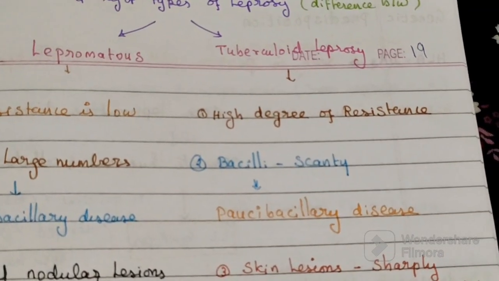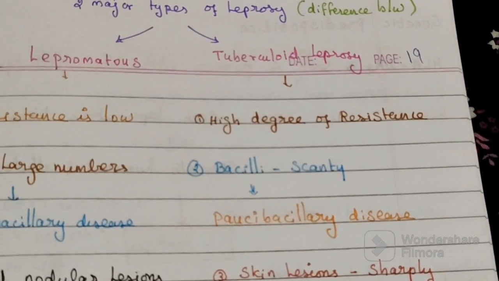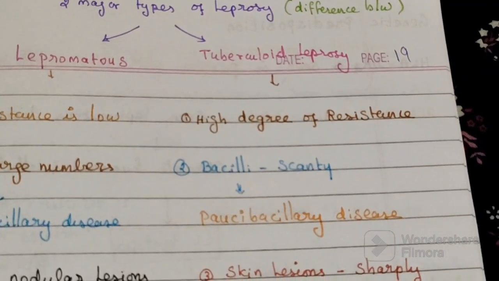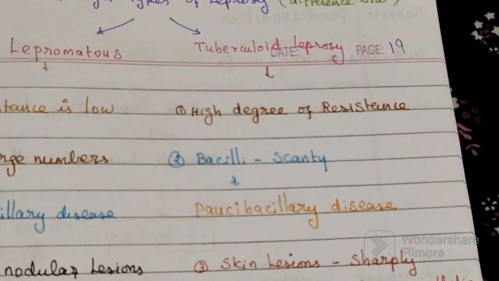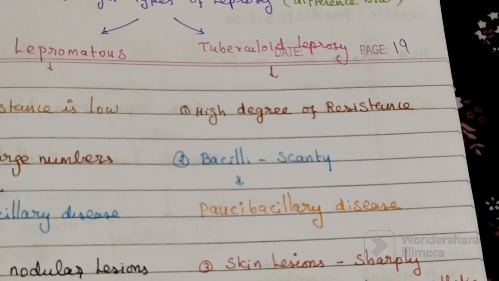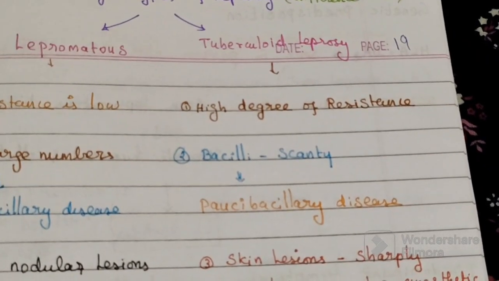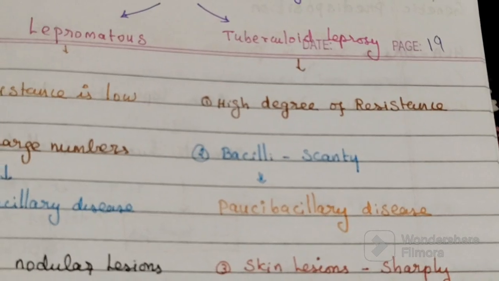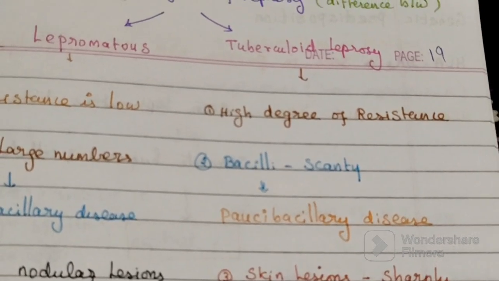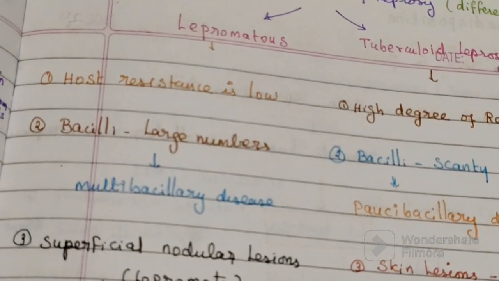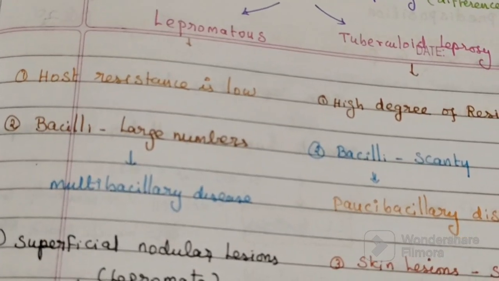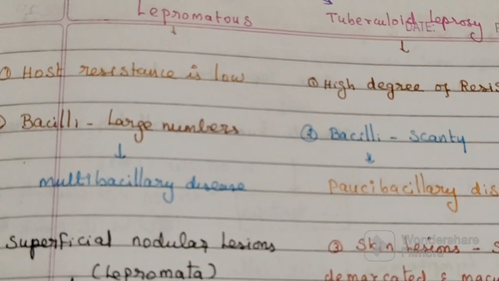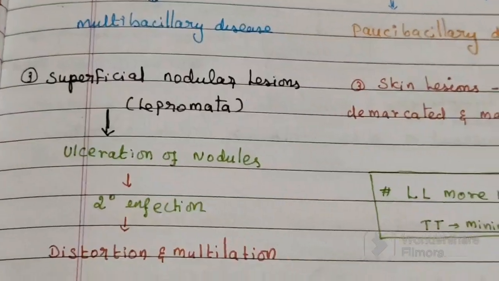In tuberculoid leprosy, there is a high degree of resistance. The bacilli are very scanty, and it is referred to as paucibacillary disease.